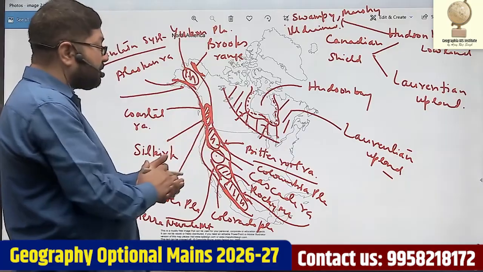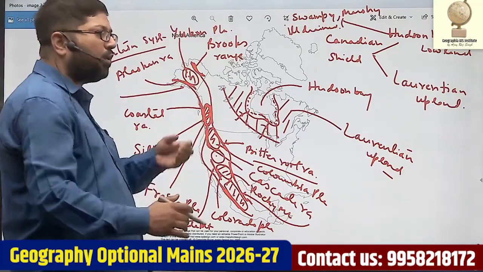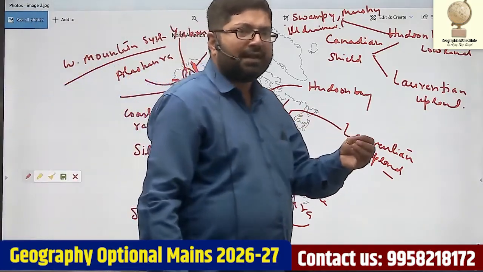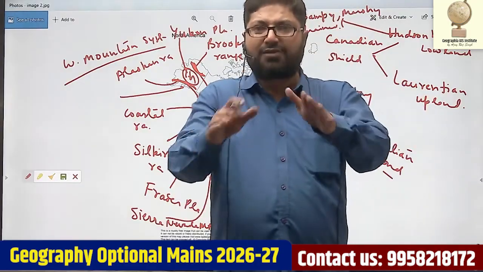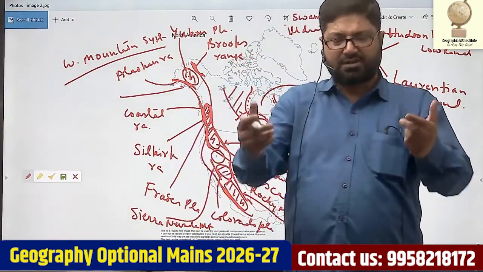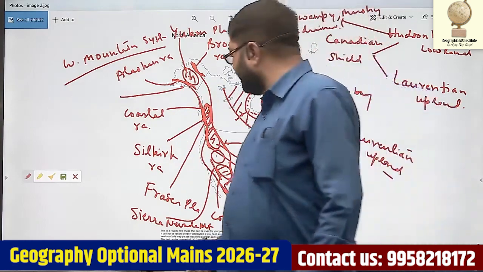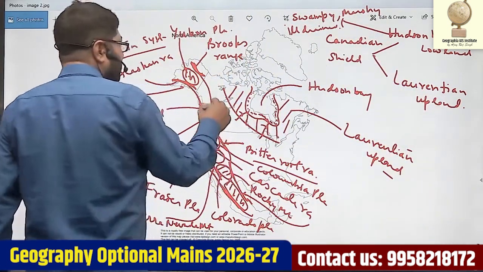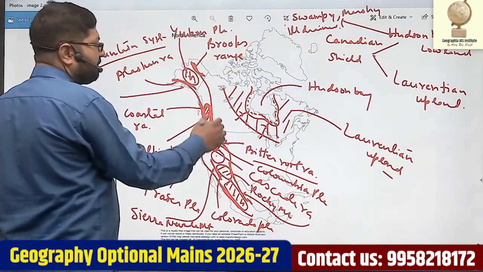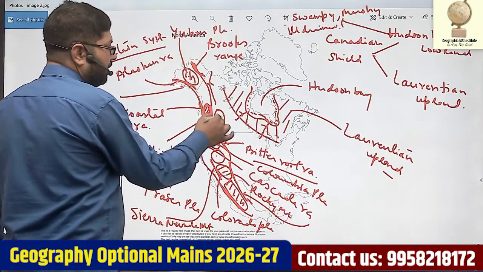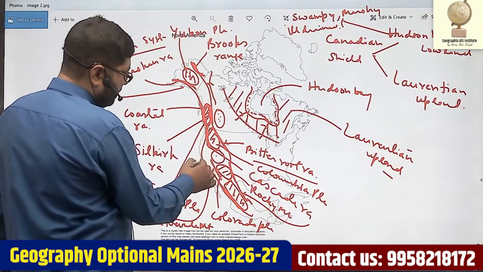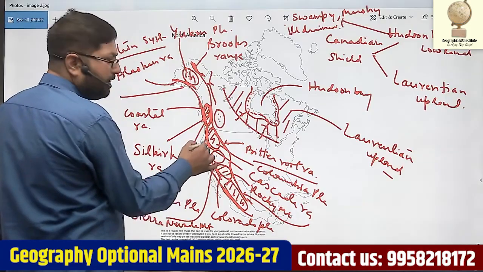Now here I must explain a very important concept. Throughout the world, oil fields are always found on the flanks, on the margins, of fold mountains. Along the Rockies, along the Western mountain system, you see the Mackenzie oil field, the oil field of Alberta. Here on the west, the Californian oil field, Los Angeles.